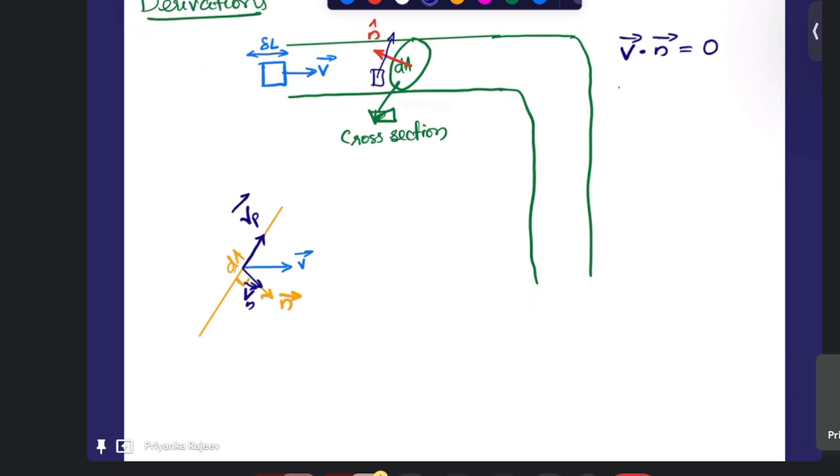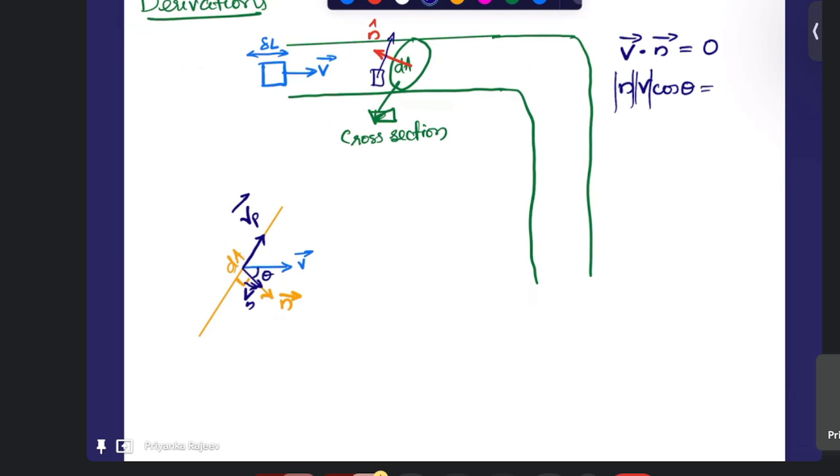That means v dot n is n v cos theta, where theta is the angle between v and n. If theta is 0, that means the whole velocity with which this element is entering is normal to the area cross section, and that is what creates this flow into the pipe.